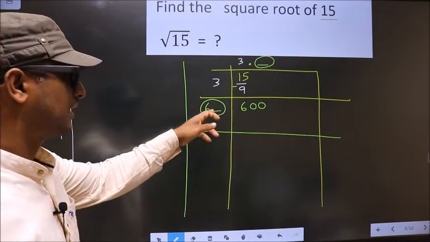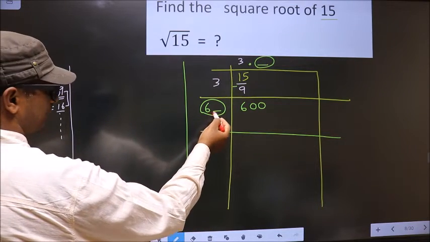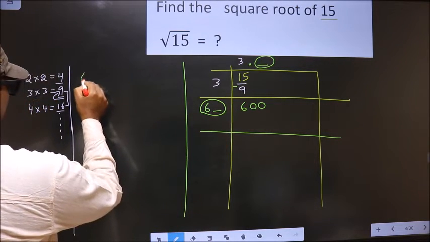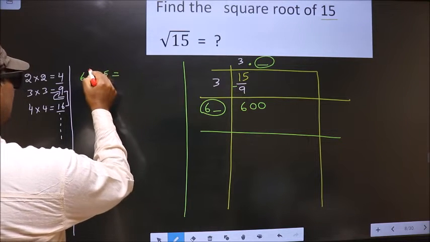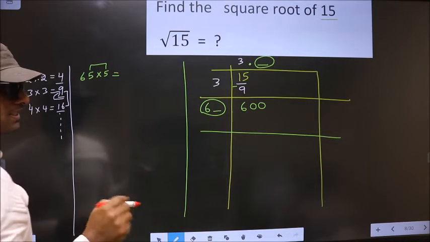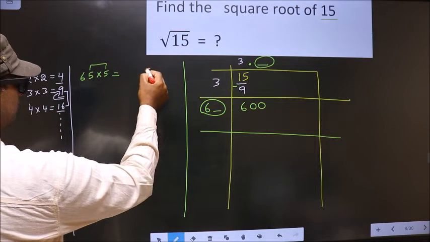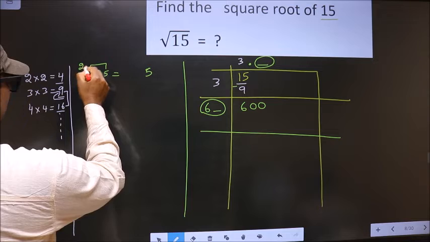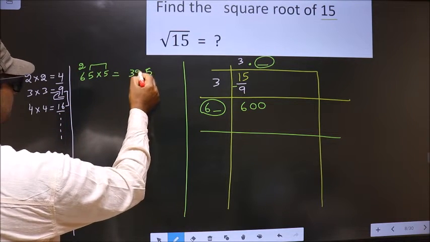So let us find the number here. If I take 5, that is 65, I should also multiply by 5. These two numbers should be same. So 5 into 5, 25. 5 into 6, 30 plus 2, 32.